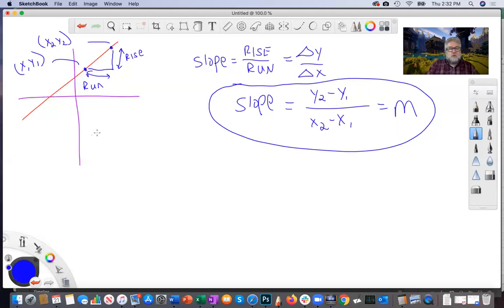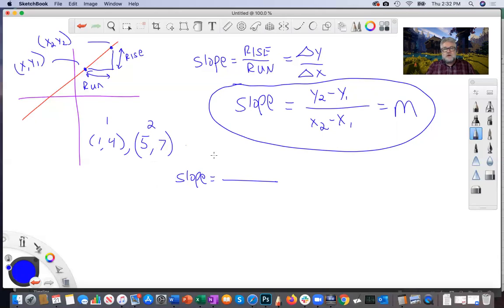Now let's use some points. 1, 4, and 5, 7. Here's 2 points. Let's calculate the slope. Okay. Slope. So I'll call this point 2 and this point 1.